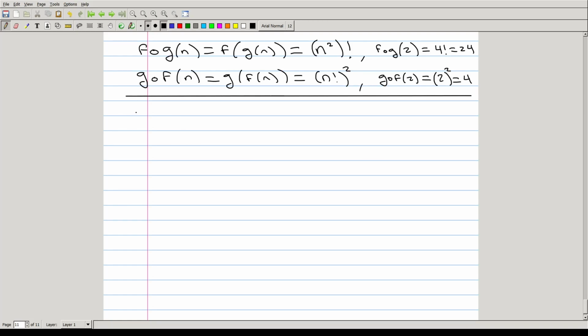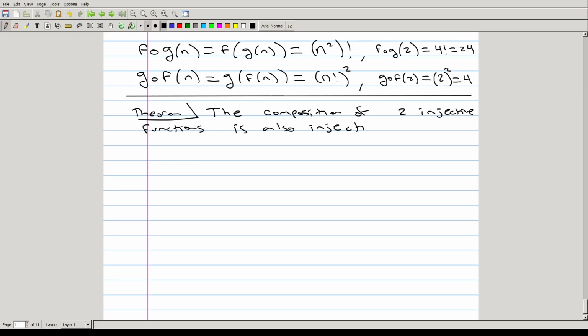So we have 2 theorems, both very important. The first one is the composition of 2 injective functions is also injective.